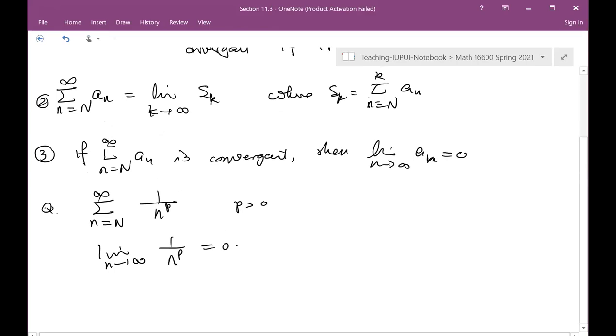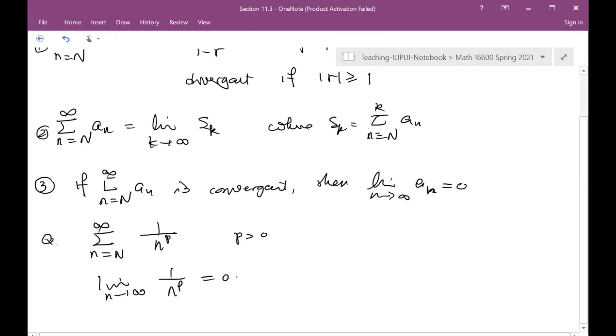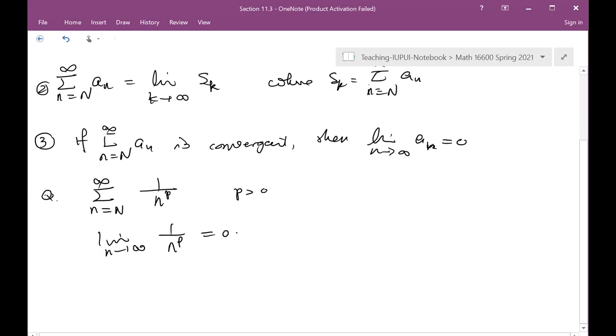So the question is whether this series is convergent. I cannot use the third one to prove it's convergent, because that is by logic from left to right: if it's convergent, then the limit of the nth term is 0. But conversely, you cannot say the series is convergent.